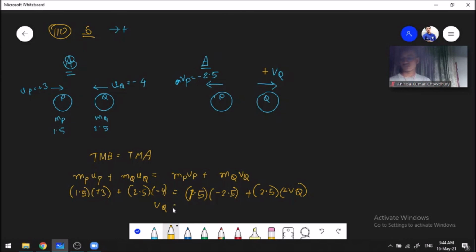So VQ is the only unknown in the equation, and from there we can find the speed of Q immediately after the impact to be 0.7. Whether this will be positive or negative, we have to find out. 0.5 into 3 minus 4 into 0.5.